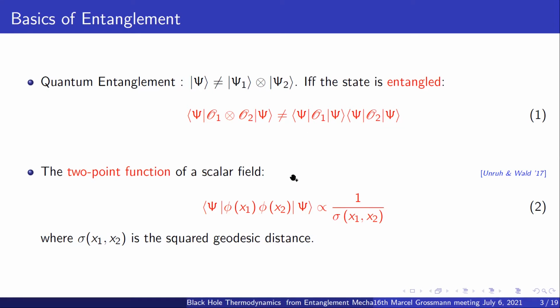From this, it's pretty obvious that the inequality is satisfied, in the sense that the left-hand side is divergent and the right-hand side is a finite quantity. So this basically tells us that a scalar field is not only entangled, it is in fact a highly entangled entity. And so entanglement plays an important part in calculations pertaining to field theory.